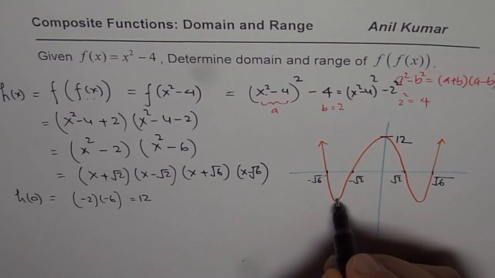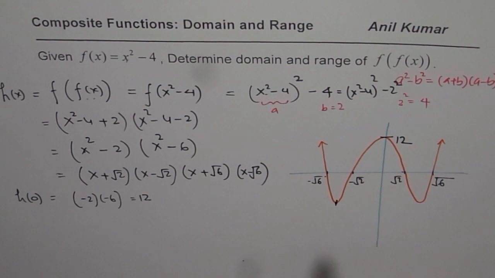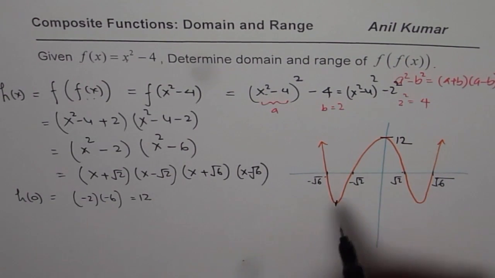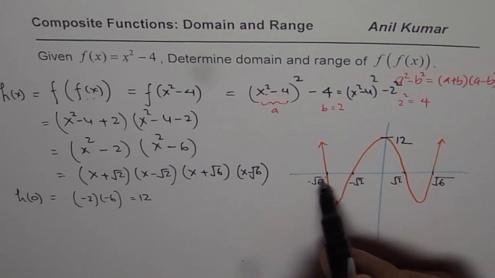Now, to find this particular minimum value is kind of difficult, but approximately you can find it by calculating the value of the function at a point midway between these two.